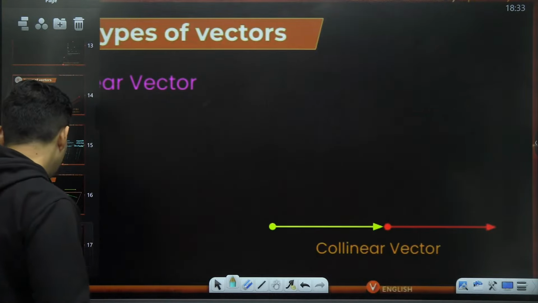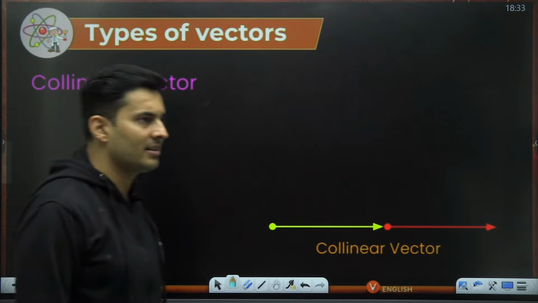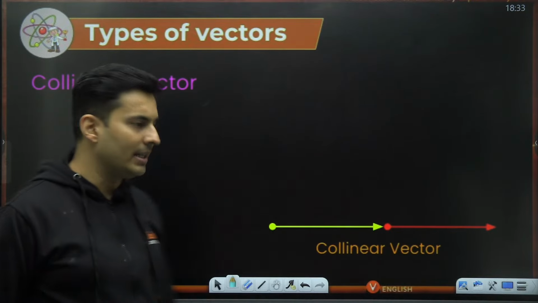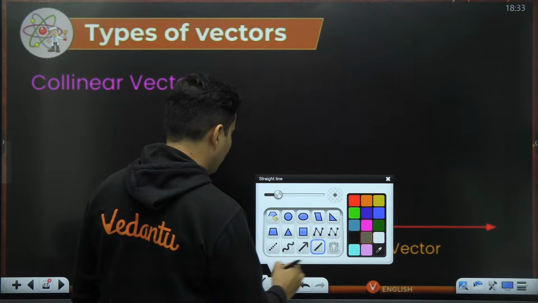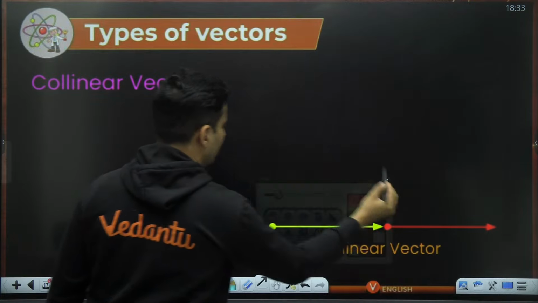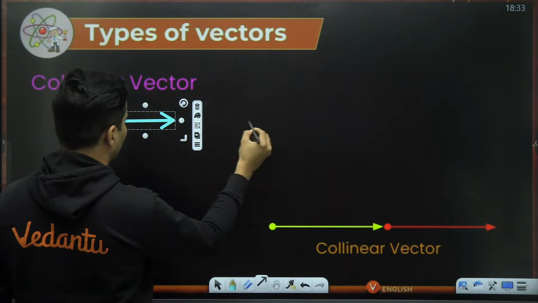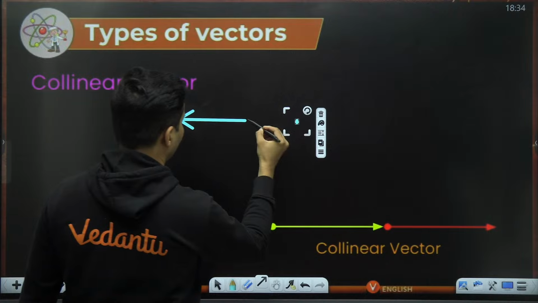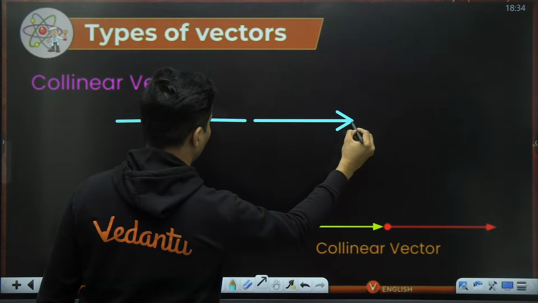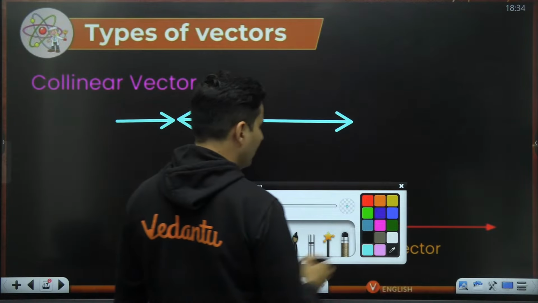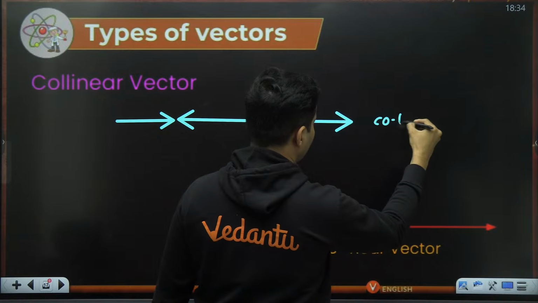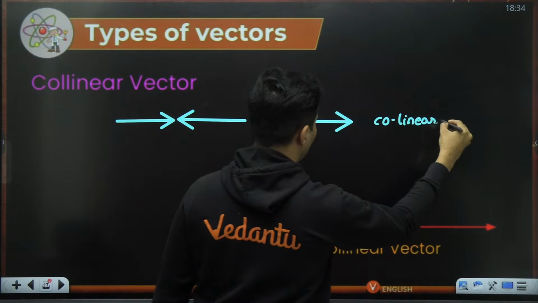Next one, collinear vectors, meaning they are along the same line. Another example of collinear vectors can be this vector and this vector, and then maybe this vector. They are all collinear vectors along the same line.